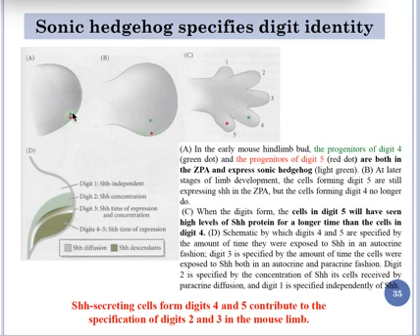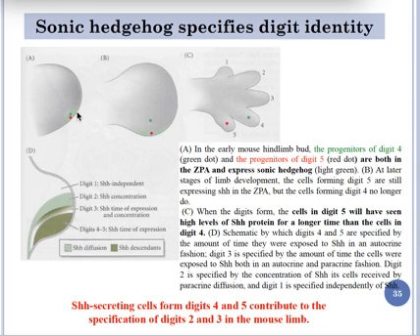The green dot presents the progenitor cells for digit number 4 that will be formed in the future, while the red dots present the progenitors of digit number 5. So at the beginning, the progenitors of digits 4 and 5 are present in the ZPA, meaning in the region that will express sonic hedgehog, this light green region.